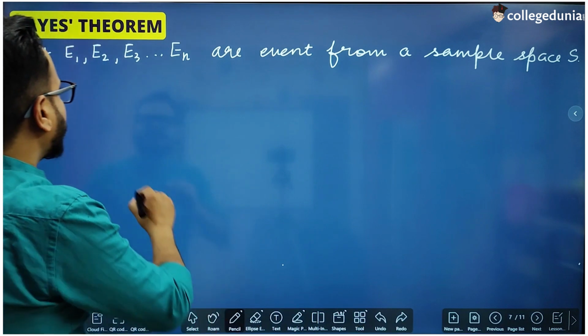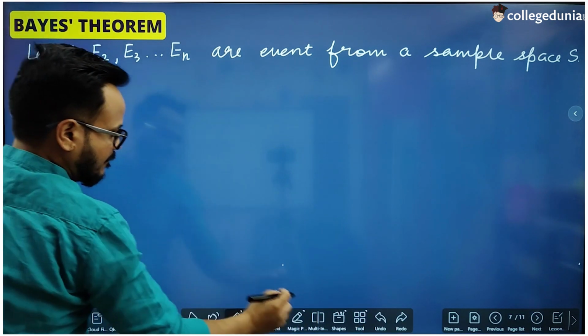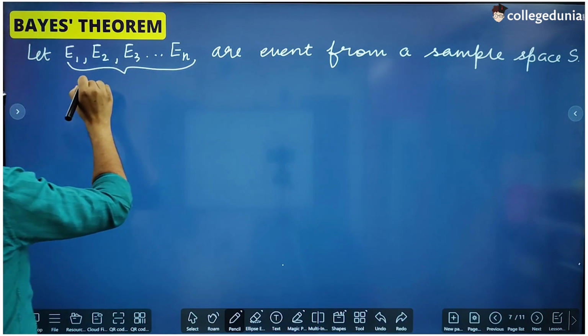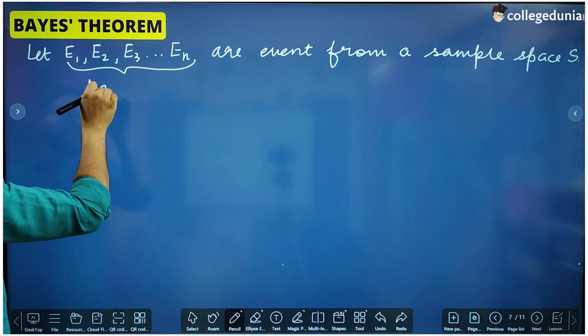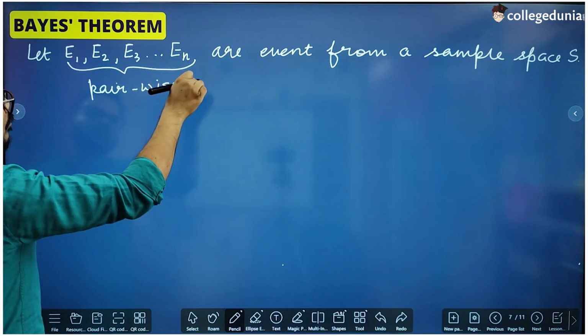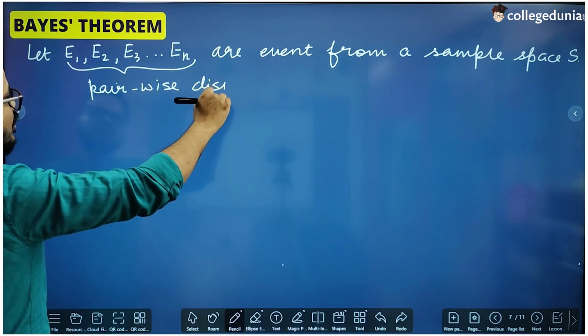These events E1, E2, E3, E4, these events are pairwise disjoint.